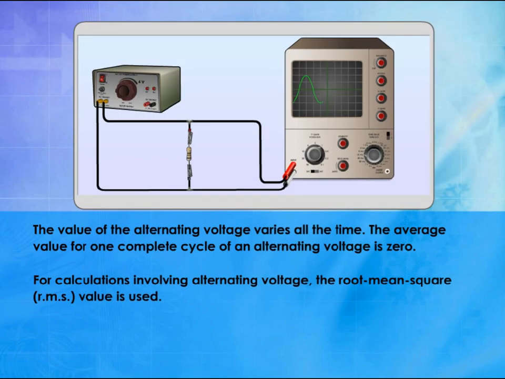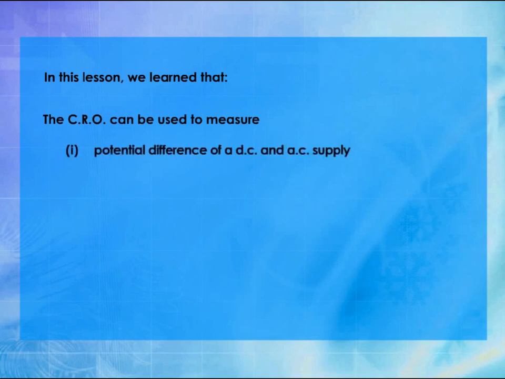The value of the alternating voltage varies all the time. In this lesson, we learned that the C.R.O. can be used to measure: 1. Potential difference of a DC and AC supply. 2. Short time intervals.